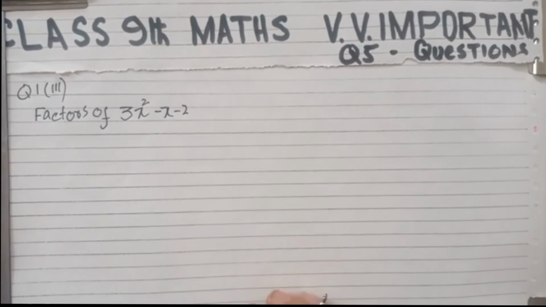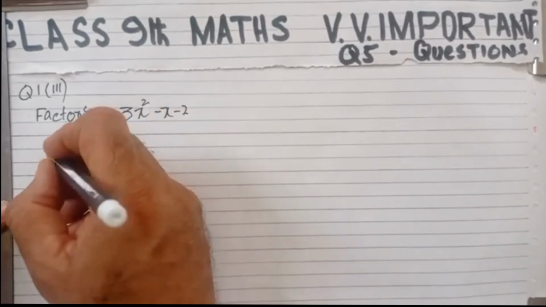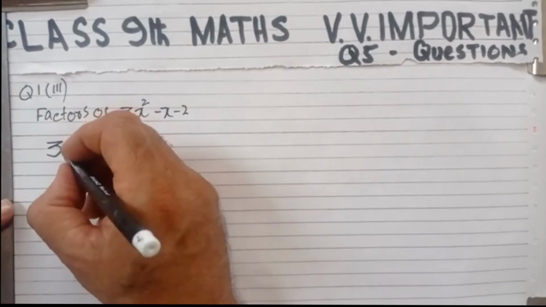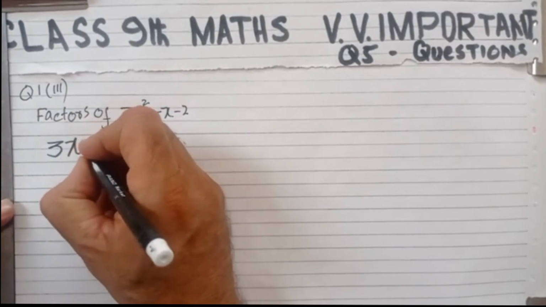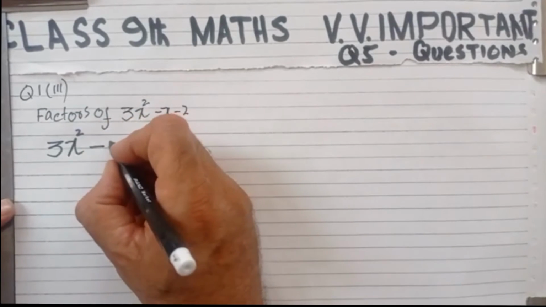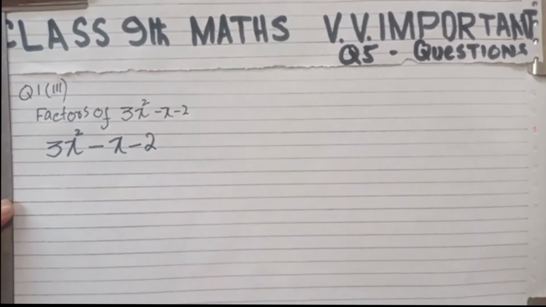So what I will do is simply factorize. Over here we have 3x square minus x minus 2.